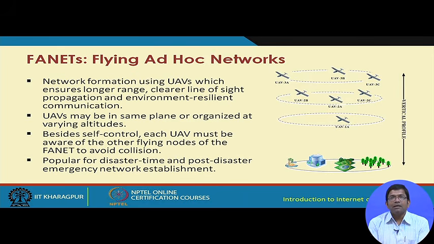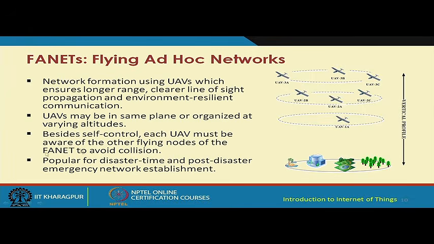Now imagine that ground ad hoc network is brought up to fly. Then what we have is a flying ad hoc network, and this is known in short as FANETs. On the contrary, the ground based ad hoc networks are known as mobile ad hoc networks.